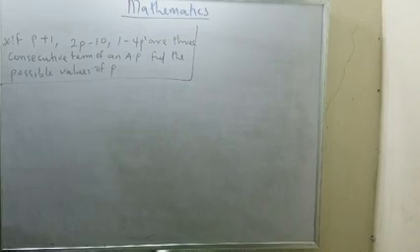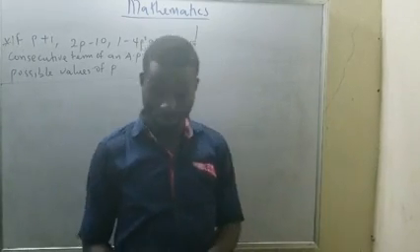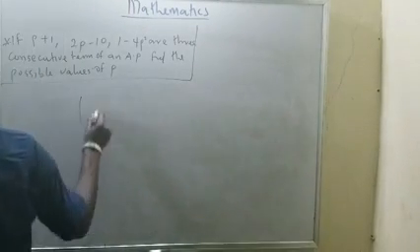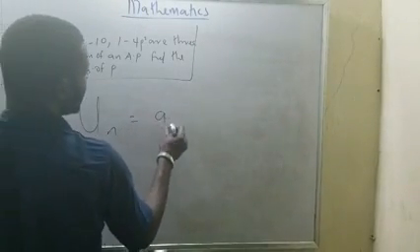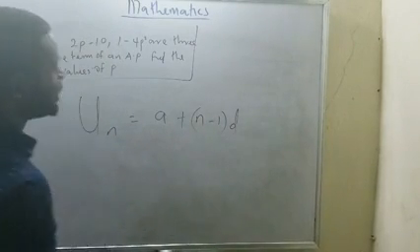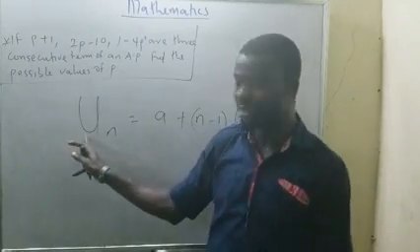Okay, now before we talk about sum of AP, there are some formulas for geometric progression attached to it. For instance, when you have U of n equals a plus n minus 1 bracket of d, the story has changed here. We are not using T of n again.